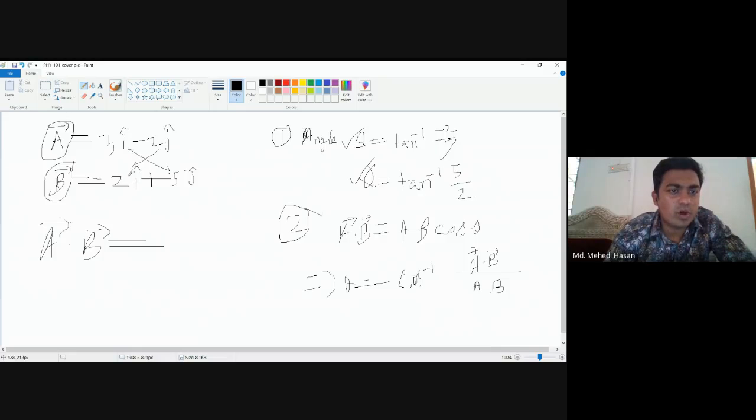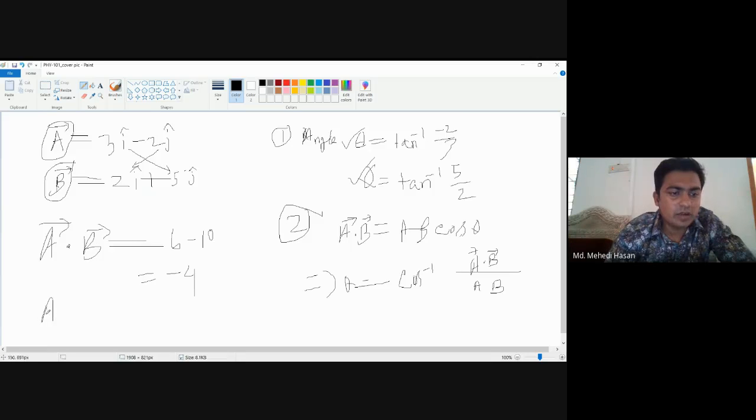So i dot i is 1, so 3 into 2 is 6. There is a minus sign, so minus plus is minus, so 2 into 5 is 10. Do not try to find 3 into 5 is 15 for i dot j, because i dot j is 0. So this part is 0 and this part is 0. Just find the dot product for similar unit vectors. So A dot B will be minus 4. This is the procedure to find A dot B.